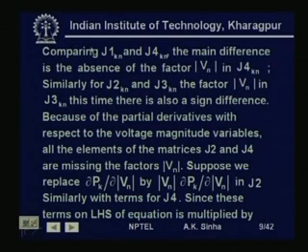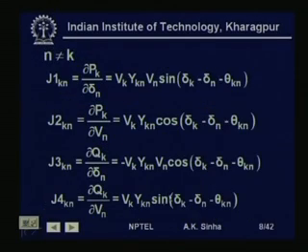Now, comparing the terms for J1kn and J4kn, the main difference is the absence of the factor Vn, that is the magnitude of voltage at the nth bus, in J4kn. That is, J4kn and J1kn are very similar, except that this Vn term is not present.